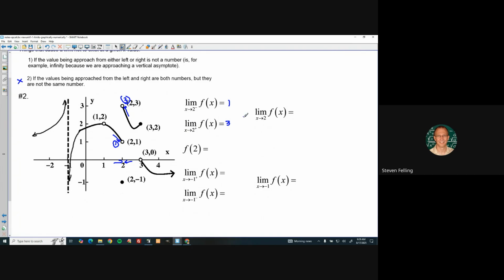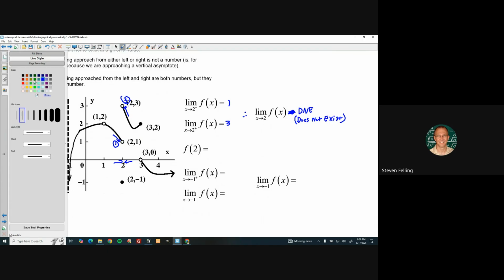So we have to say the limit as x approaches 2 of f of x, and typically we don't put an equal sign here, we just write DNE, which stands for does not exist. That limit does not exist. There's no single y value being approached, regardless of how we approach.